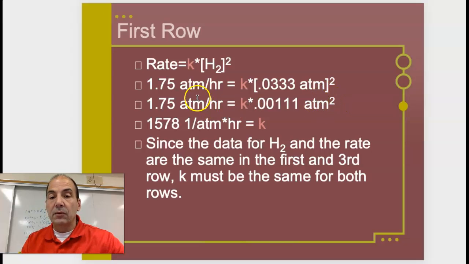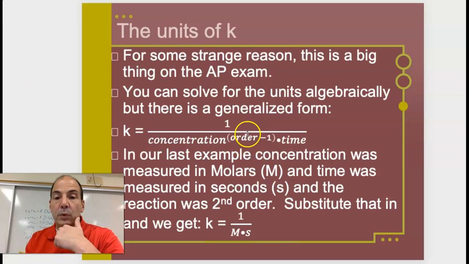Now, in terms of the algebra of the units, I'm taking atmospheres per hour, dividing by atmospheres squared. So one of the atmospheres is going to cancel out, but I'm still going to have an atmosphere down here. If you think back to that generalized formula I talked about a moment ago, we have a second order reaction again, 2 minus 1 is 1. Our concentrations this time are being measured in atmospheres, and time is being measured in hours.